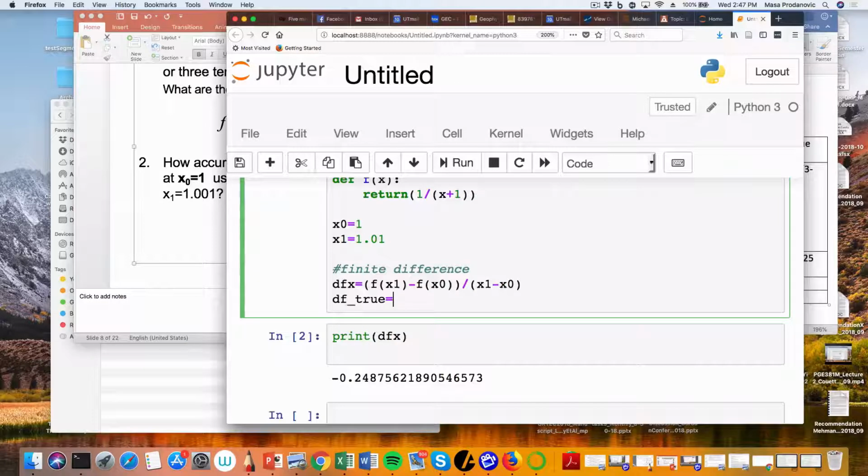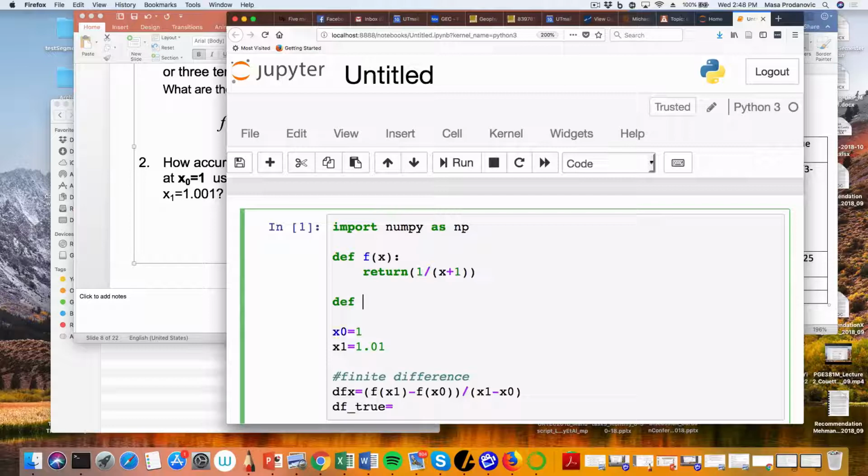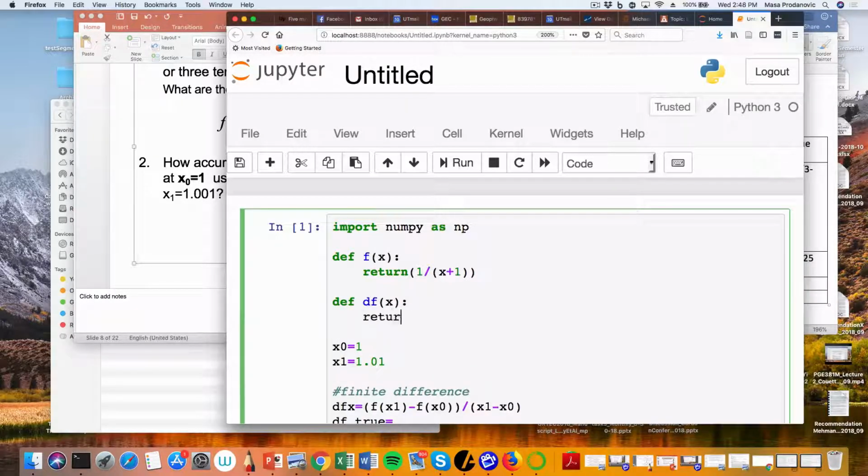Yes? Great. So I could actually program that as, well, why not? df of x returns minus 1 divided by x plus 1 squared.